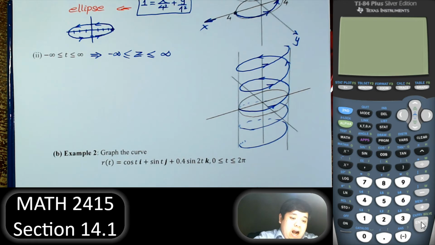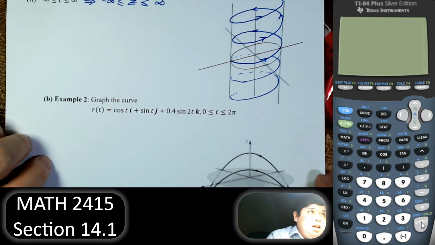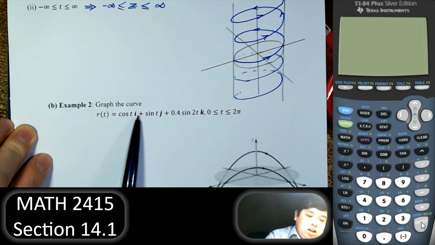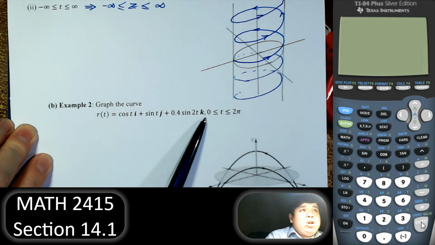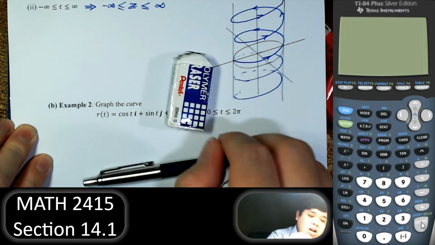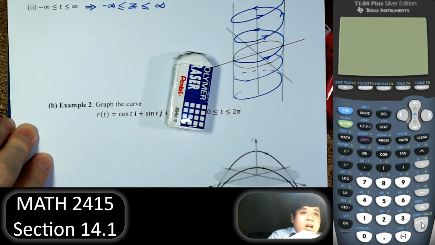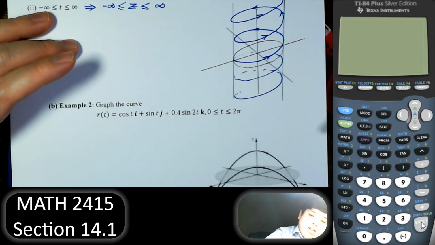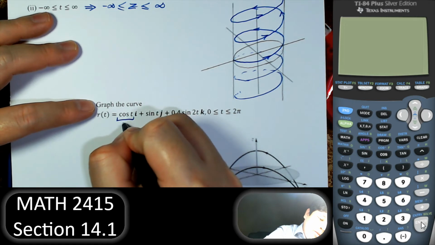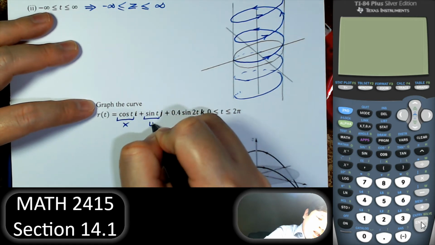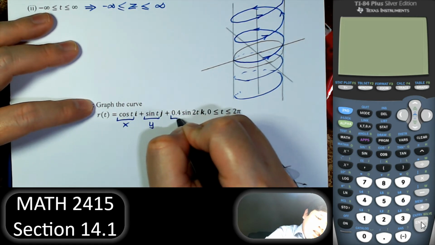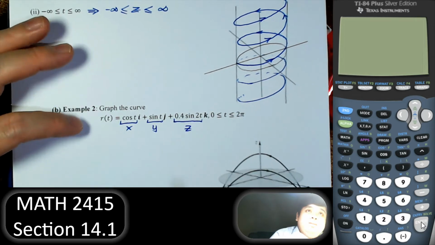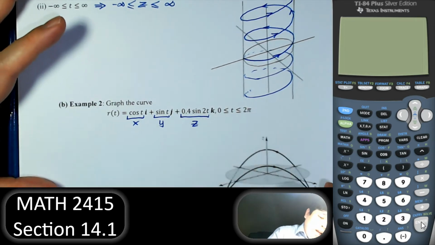So next, we graph this curve, which once again, if we have sine and cosine only, is an ellipse. Moreover, this is a circle, right? So let's say x, y, and z.